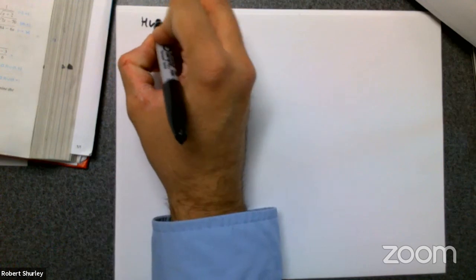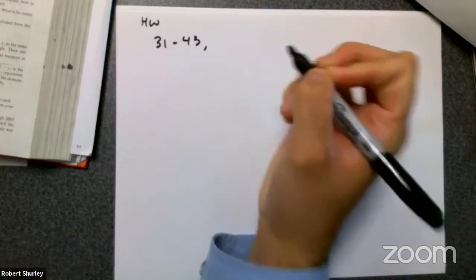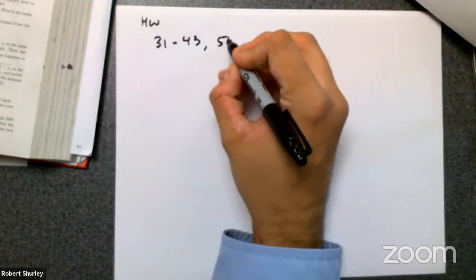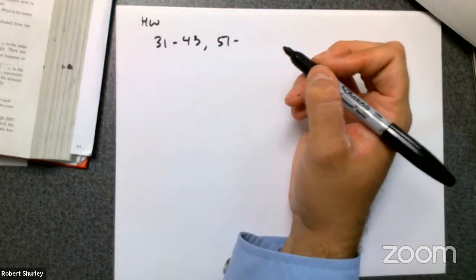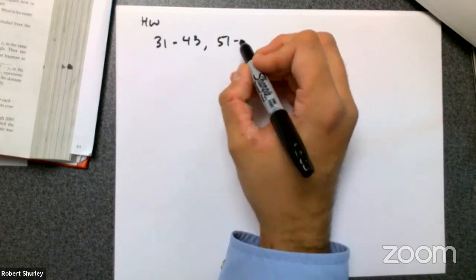So for homework, now look, you've already done the first part of this homework. So we're going to start on 31 and go through 43. And the compositions 51 through say 63.